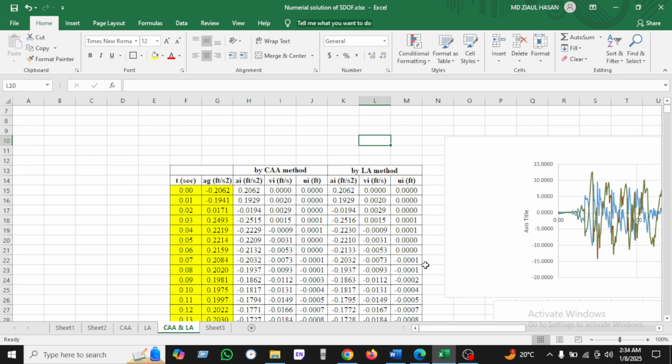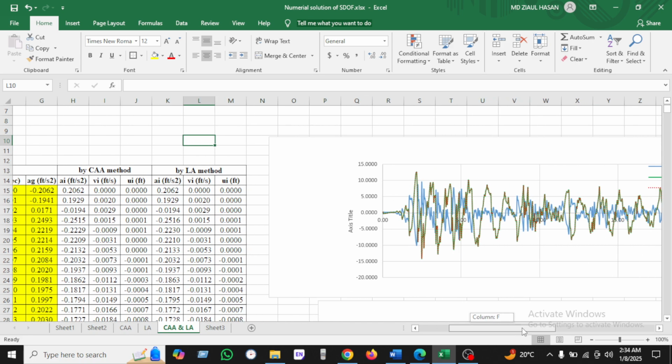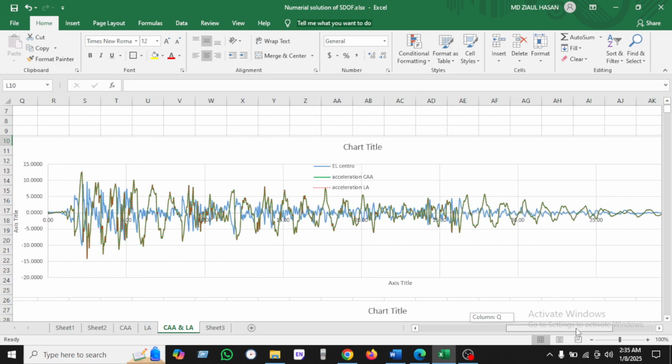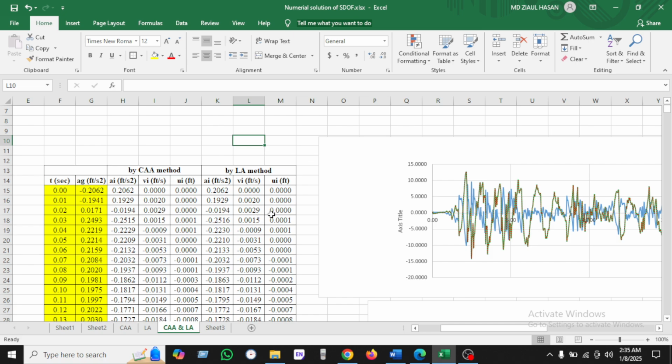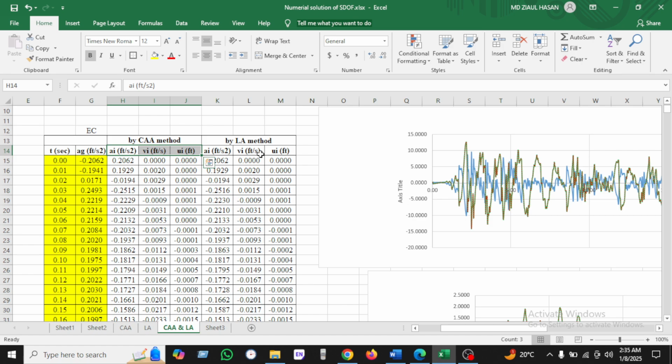Now I'm looking at the main difference between the constant average acceleration method and the linear acceleration method. I know the time interval, and I know the ground motion from El Centro or Kobe or someone. So we have found acceleration, velocity and displacement by the constant average acceleration method, and we have found the acceleration, velocity and displacement by the linear acceleration method.